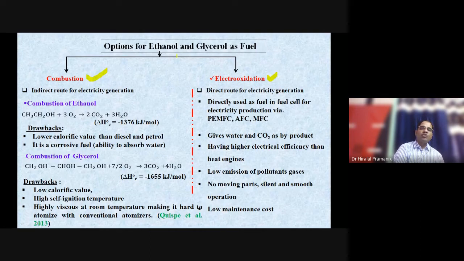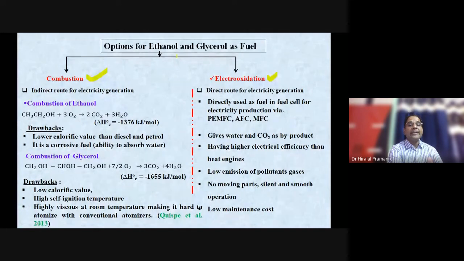Okay, E5, E10, E15, E20, and the government of India now recommends 5 to 10 in this range to use blended ethanol in gasoline to save fossil fuel. But to go up to 100%, a modification in the engine is required. And nowadays you can see the fuel price has gone up.